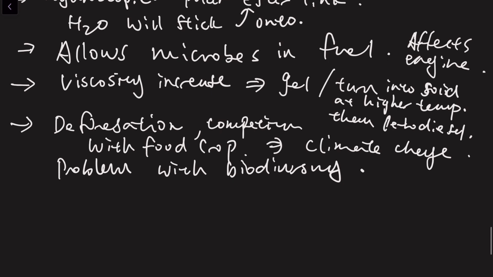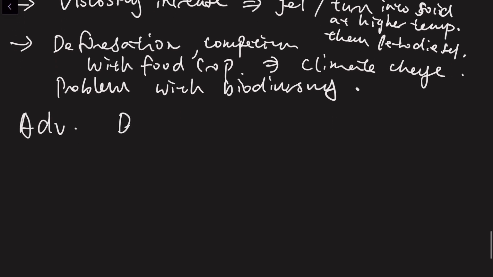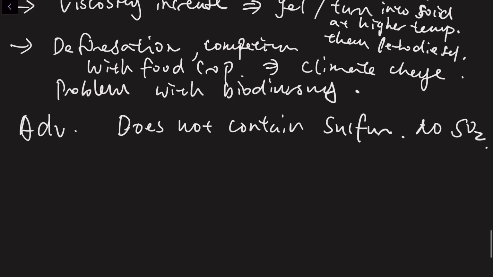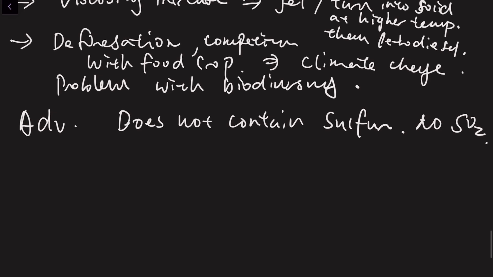So what are some of the advantages of biodiesel? It does not contain sulfur. So during the combustion, there's no sulfur dioxide produced. And also because we have this oxygen present, as we discussed before, it is partially oxidized.